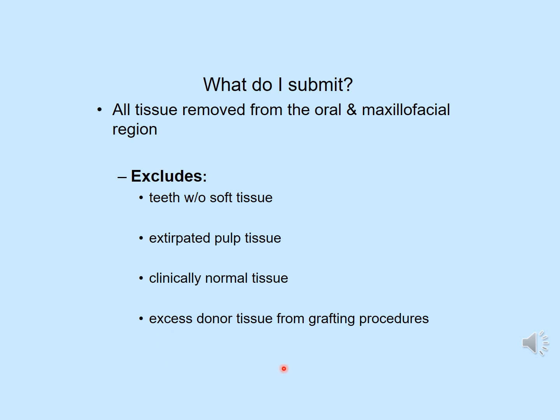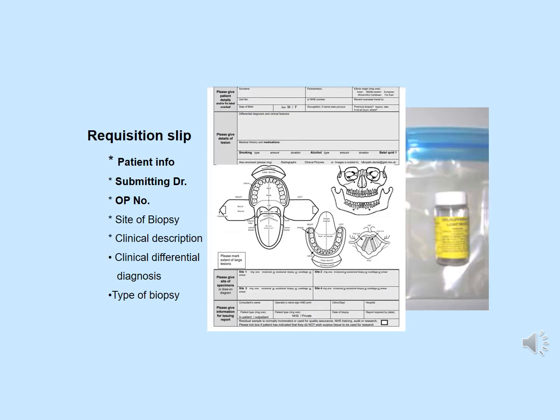Let's say you are doing a periodontal grafting procedure, you take donor tissue from the palate and then you suture it, but there is additional graft tissue left, we do not submit it.